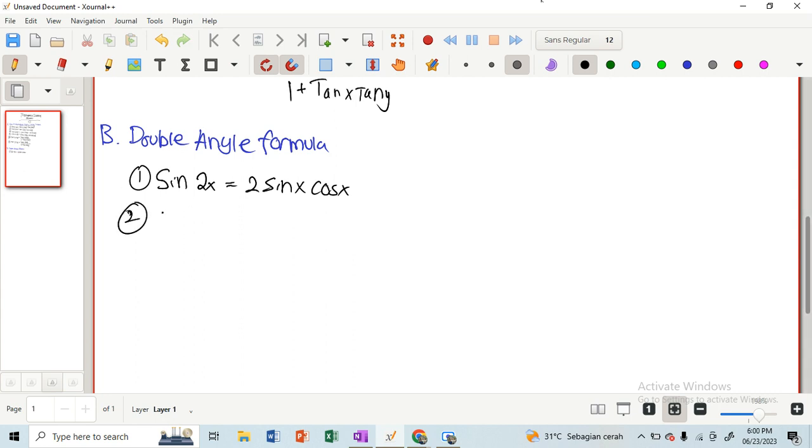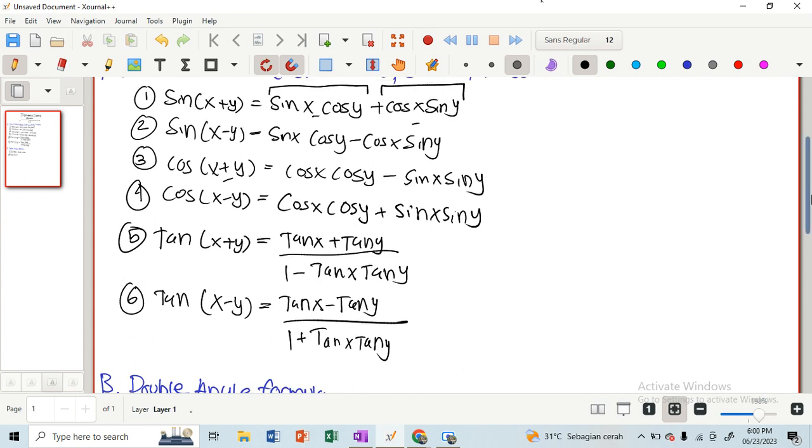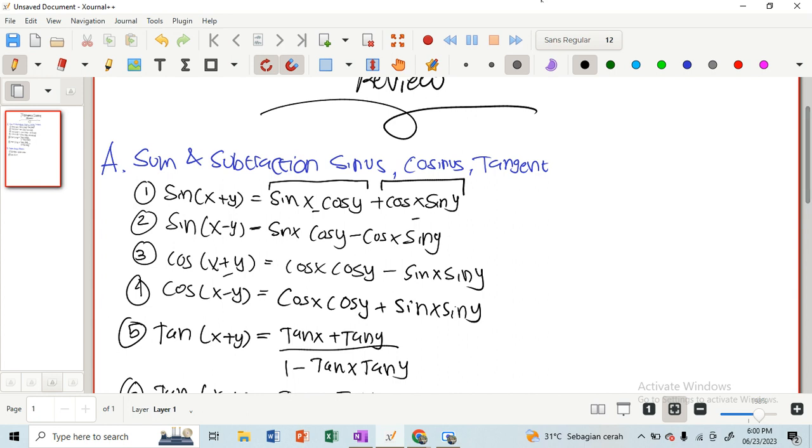What if we want the cosine of 2x, the double angle formula for cosine? Again, we can use the sum and subtraction formulas. If we have cosine of x plus y, it will be equal to cosine x cosine y minus sine x sine y, right? So if we change y into x, we have cosine of x plus x.